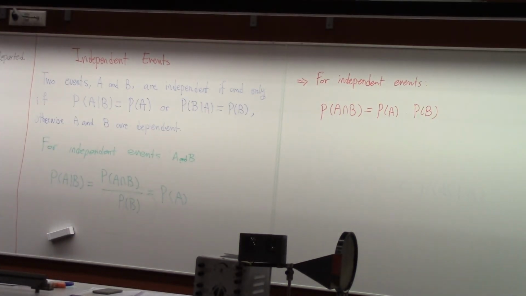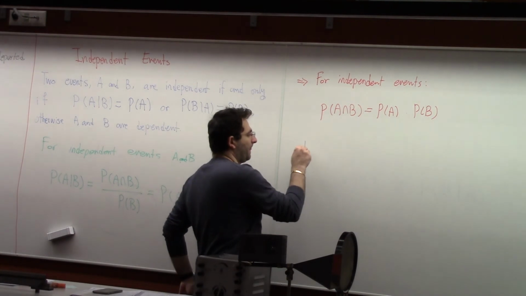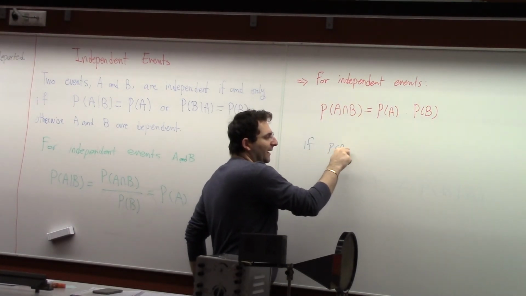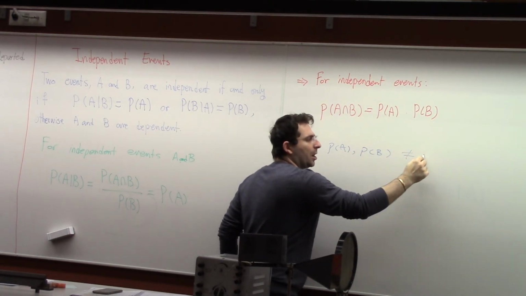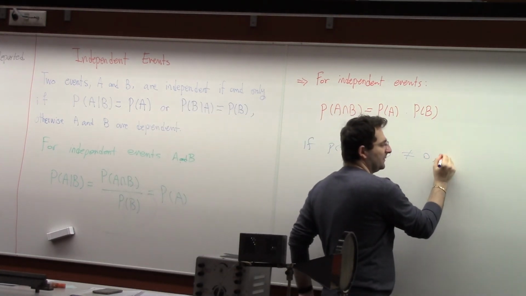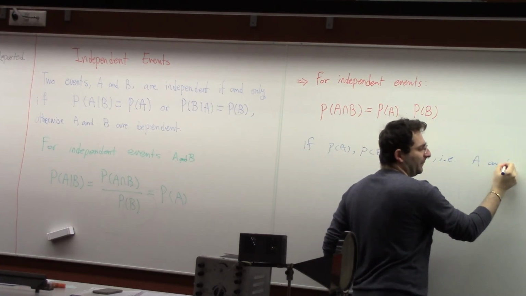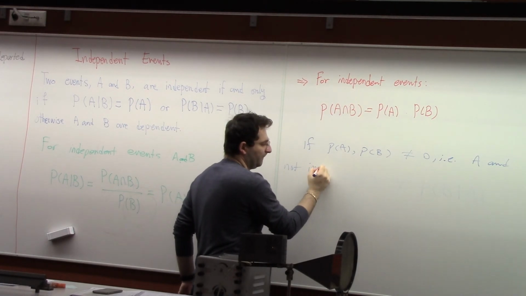If A and B are not impossible events, impossible events means that the probability is zero. Possible means it's a number, but it's not zero. If the probability of A and the probability of B are not zero, it means A and B are not impossible.